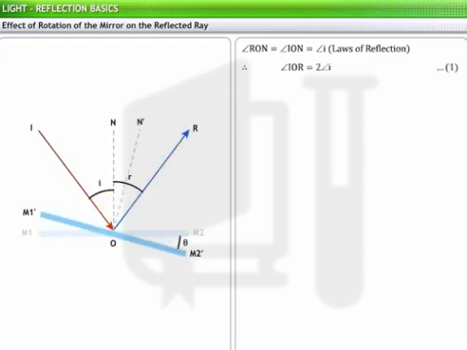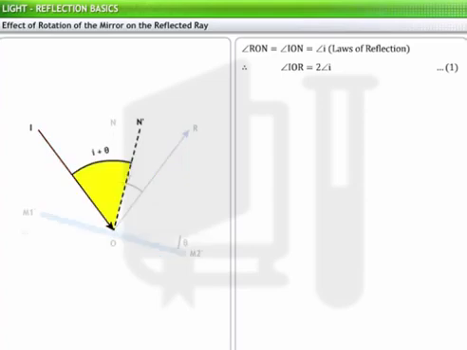Let the mirror be rotated through an angle theta about point O, so that M1', M2' is the new position of the mirror, and ON' is the new position of the normal. The position of the incident ray remains the same, but the new angle of incidence is angle ION'.